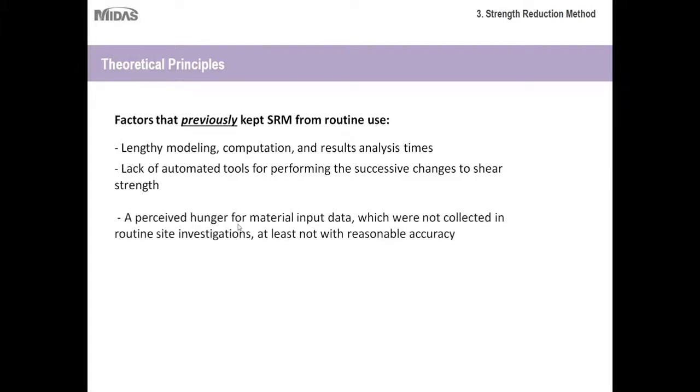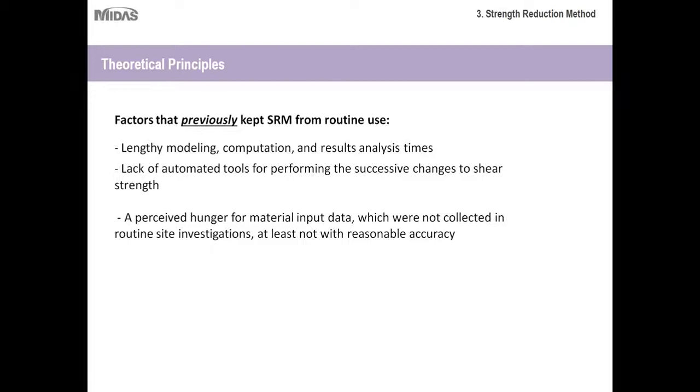And then a perceived hunger for material input data which were not collected in routine site investigations, at least not with reasonable accuracy. Something I discussed previously was that the modulus of elasticity, the Poisson's ratio, the friction angle, I think, were a couple of other factors that needed to be taken into account.